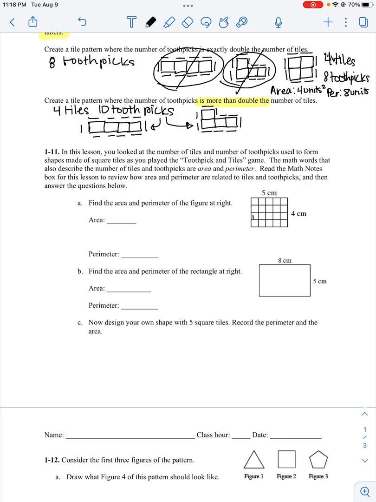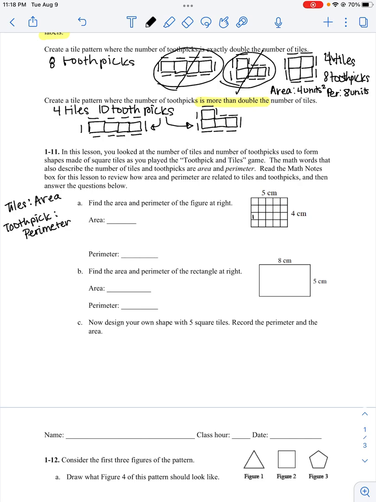So as a reminder, tiles were area, toothpicks were perimeter. As a general rule, remember, area is always squared. We square our units.